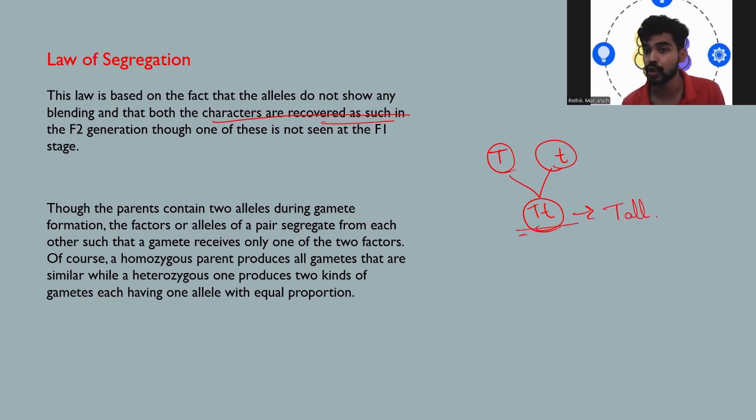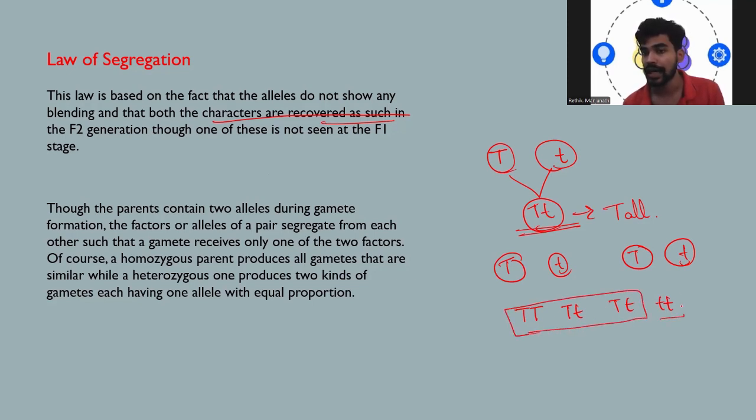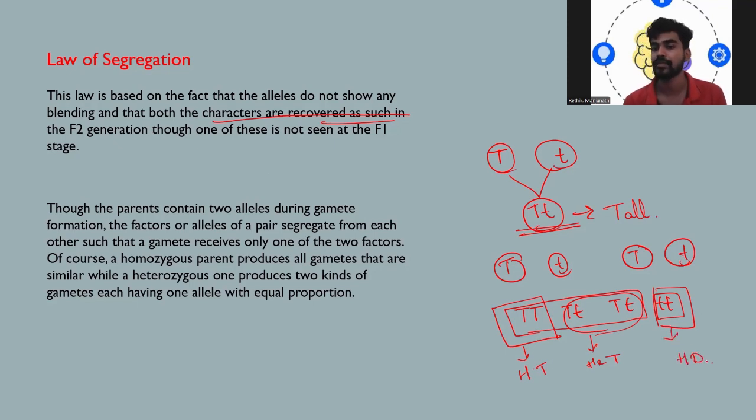But in the F2 generation, when you do selfing, you get tall and tall, tall and dwarf, tall and dwarf, and dwarf and dwarf. Out of this, three are tall and one is dwarf. This one is homozygous, the two in the middle are heterozygous, so this is a homozygous tall plant, this is a heterozygous tall plant, and this is a homozygous dwarf plant.